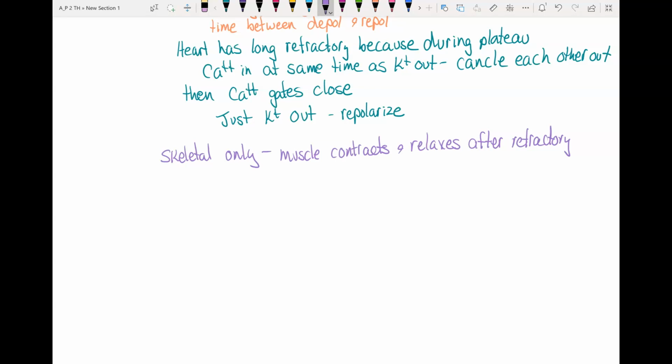So if we come down here and write this out, skeletal only, the muscle contracts and relaxes after refractory. This means you can re-stimulate before it relaxes. So this allows you to achieve tetany, which just is a sustained contraction.